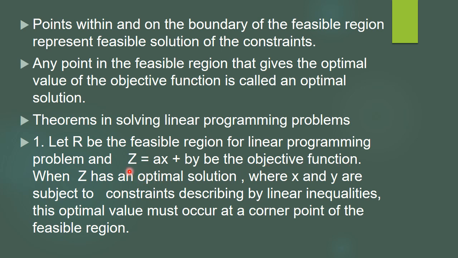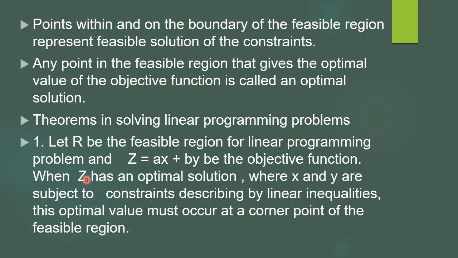Now this is called the objective function because that depends upon the question. Sometimes we try to find the maximum value of Z, sometimes the minimum value of Z. When Z has an optimal solution, where x and y are subject to the constraints described by the linear inequalities, these optimal values must occur at a corner point of the feasible region.